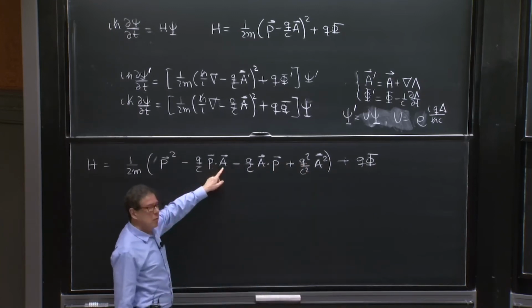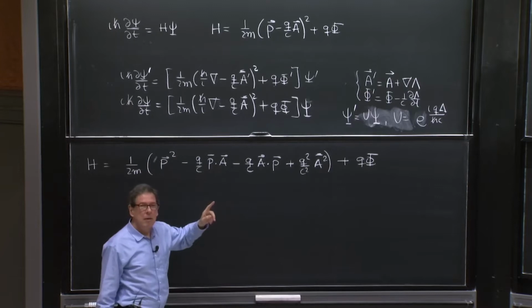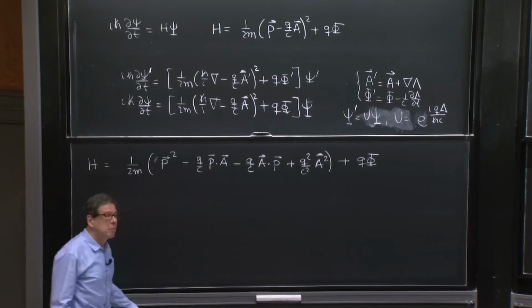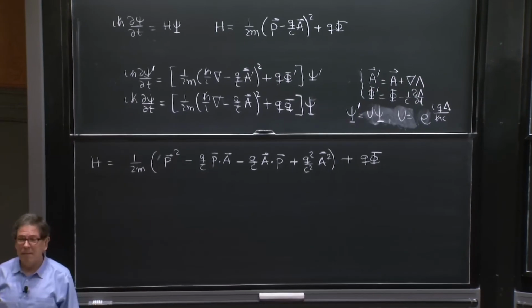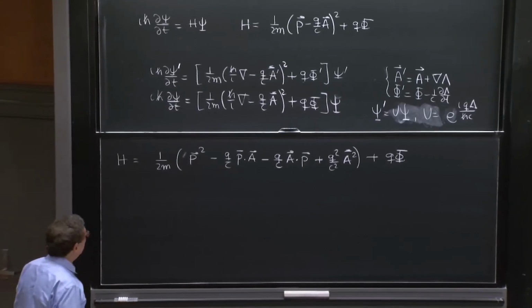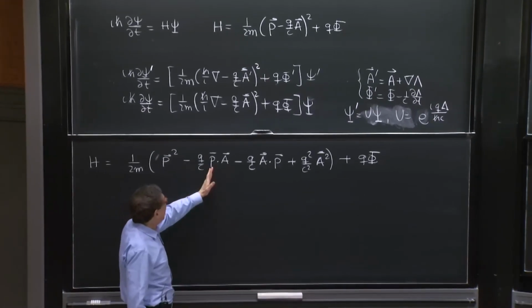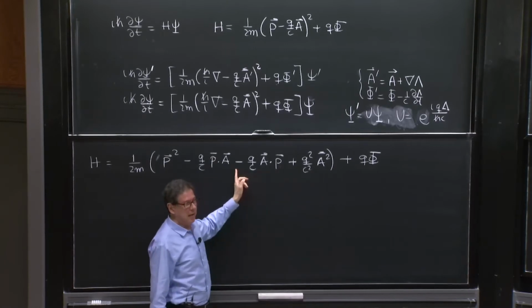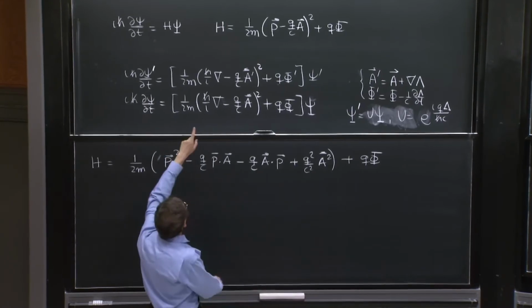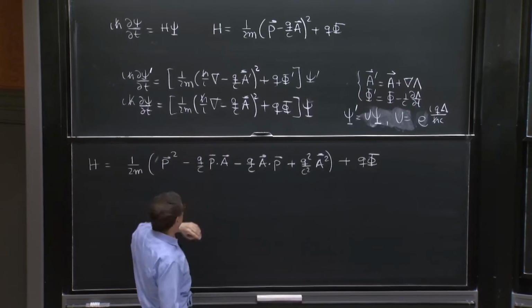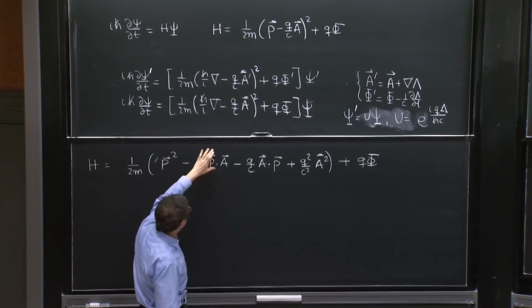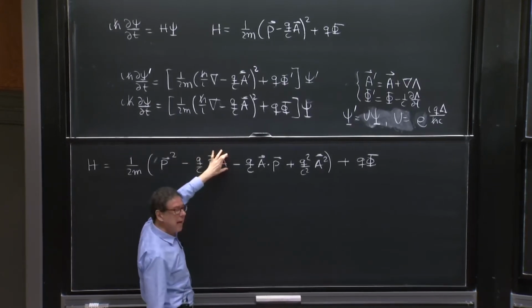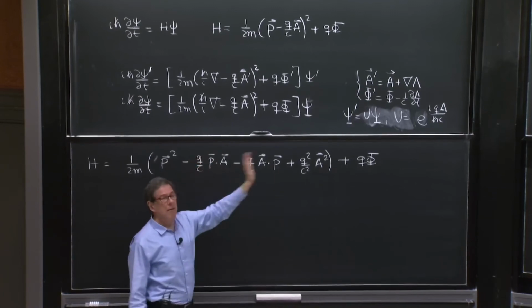The question is, what is p dot A? And p dot A must be thought of in the operator way, that p acts on everything to the right, including A. So if this Hamiltonian is to act on a wave function, that doesn't mean that the p operator just acts on A. It acts on A and everything to the right.